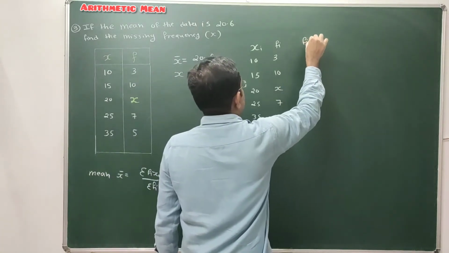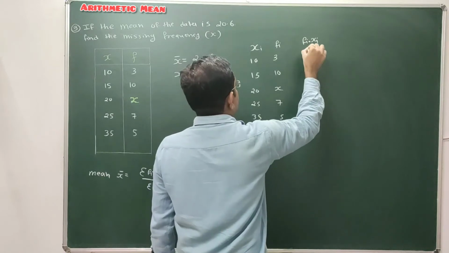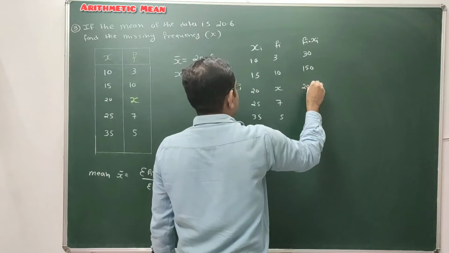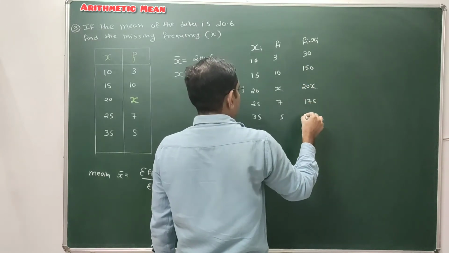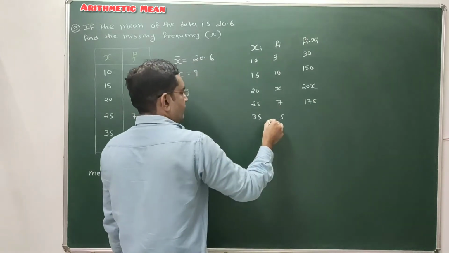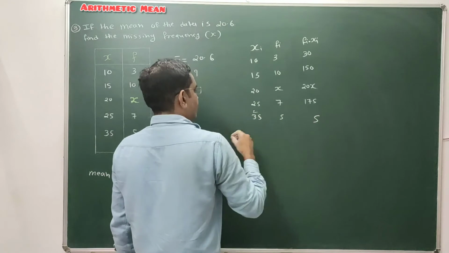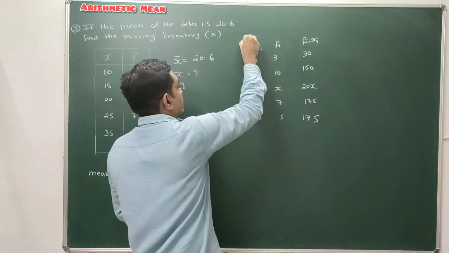Now our fi xi multiplication: it's 30, 150, 20x, and this will be 175, and here 35 into 5, 5 5s are 25, 5 3s are 15, plus 2, 175. Done. This is our table.